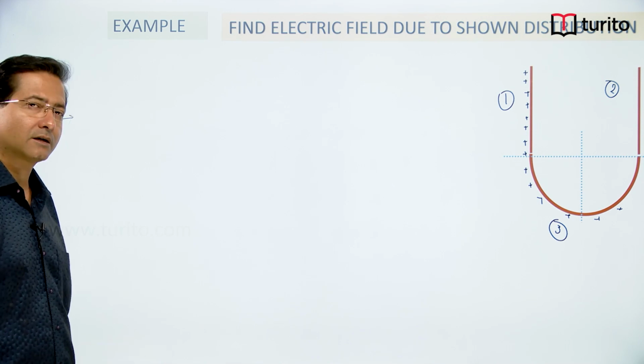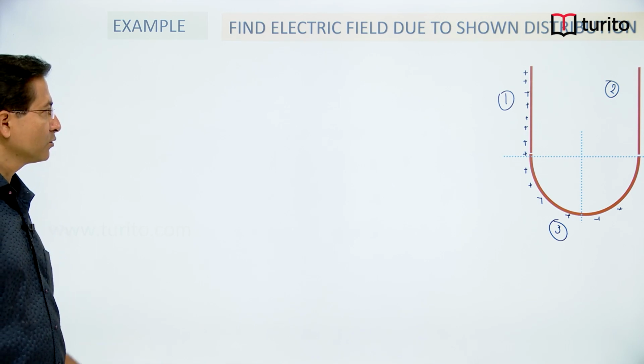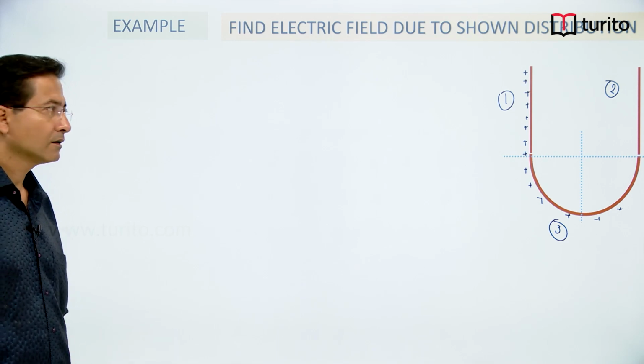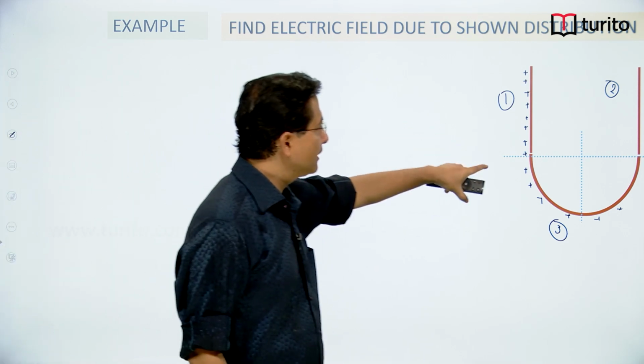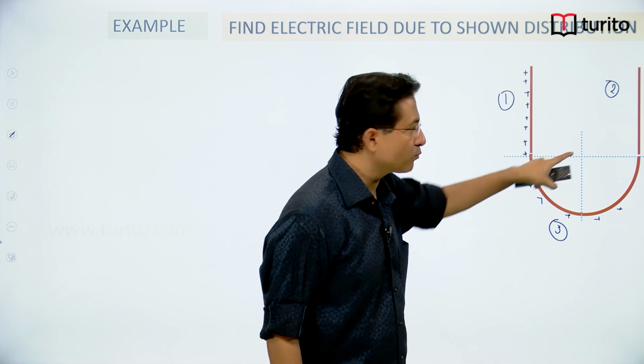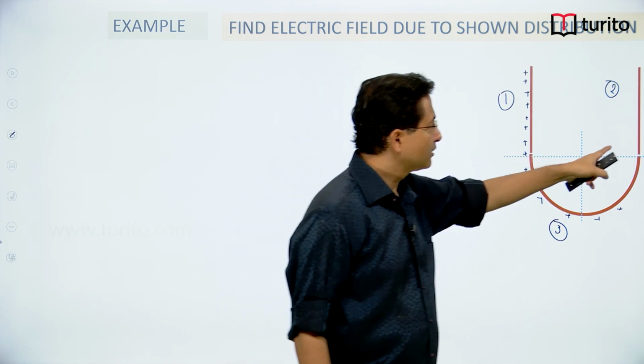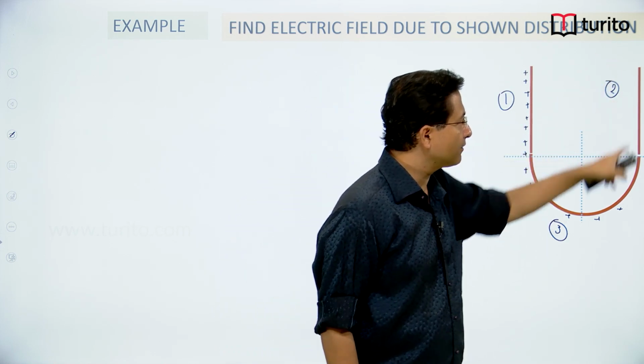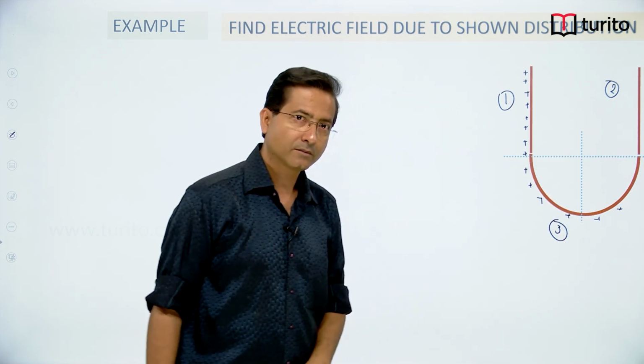I want to find out the resultant field at that particular point. So, we can proceed in the same way. So, this will behave as a semi-infinite wire for this point, this will behave as a semi-infinite wire for this particular point.